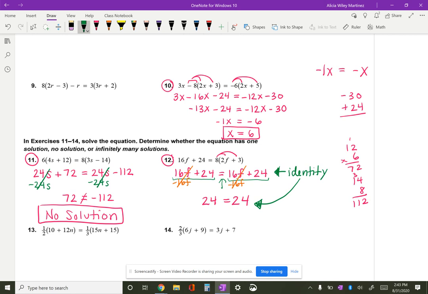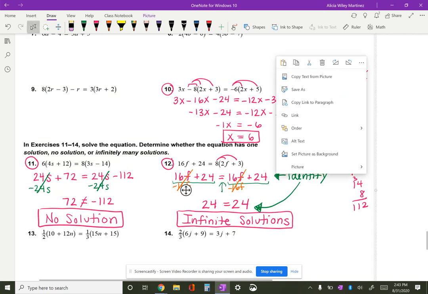Nothing is different, exactly the same on one side versus the other side. So there are two ways to determine if you have an answer of infinite solutions. You can also say infinitely many solutions, but that's a little bit more to write. One way is to cancel your variables and get a true statement. Another way is to have an identity.